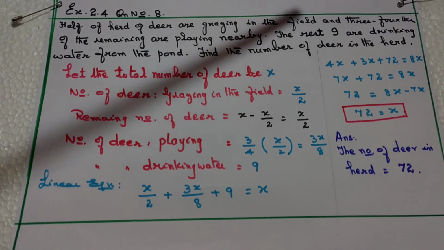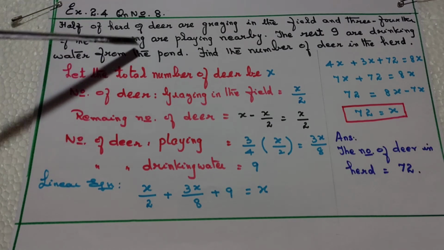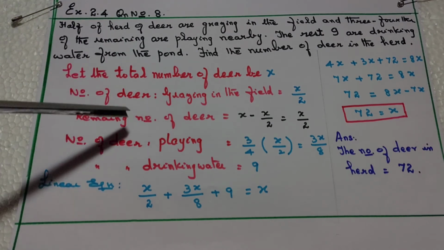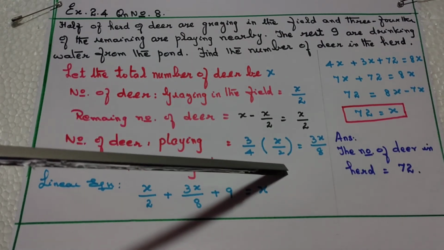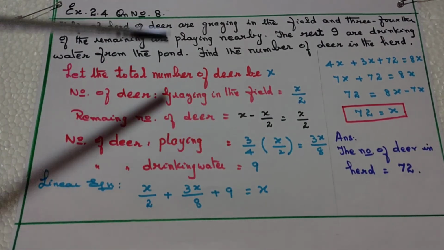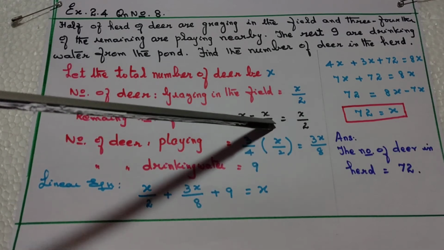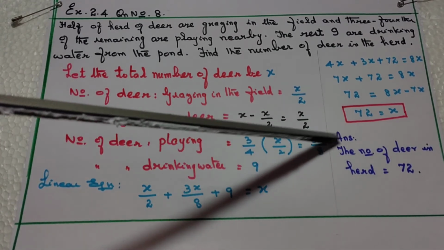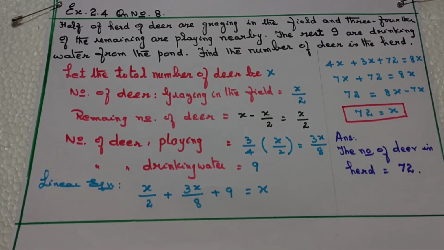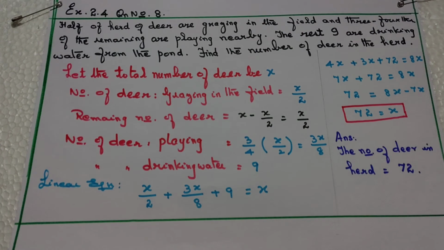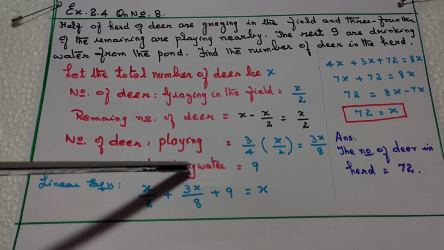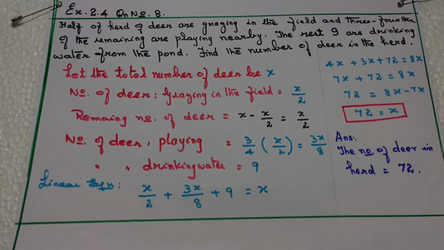Okay. So here what they say, 3/4 of the remaining. So number of deer playing is equal to 3/4 of means multiplication. The remaining is x by 2. 3/4 into x by 2, that gives me 3x by 8. Now, the next statement here, the rest 9 are drinking water from the pond. So, number of deer drinking water is equal to 9.